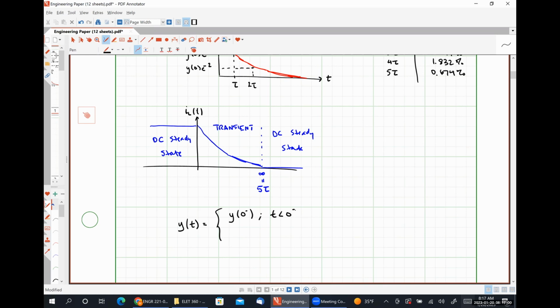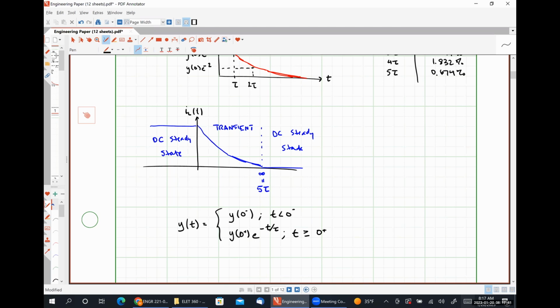It will be Y of 0 minus for all t less than 0 minus, and it'll be Y of 0 plus times e to the minus t over tau for t greater than or equal to 0 plus. And we can apply literally the exact same equation for every situation that we deal with, with the understanding that we need to know how to calculate the time constant tau. Okay. So this concept of a time constant effectively ties the 2 different types of first order circuits together.